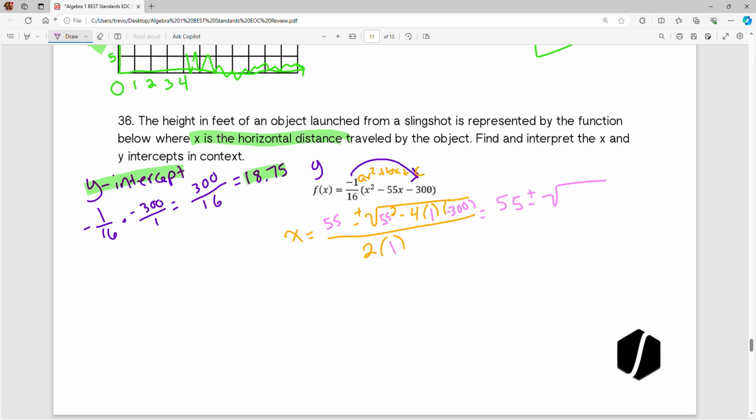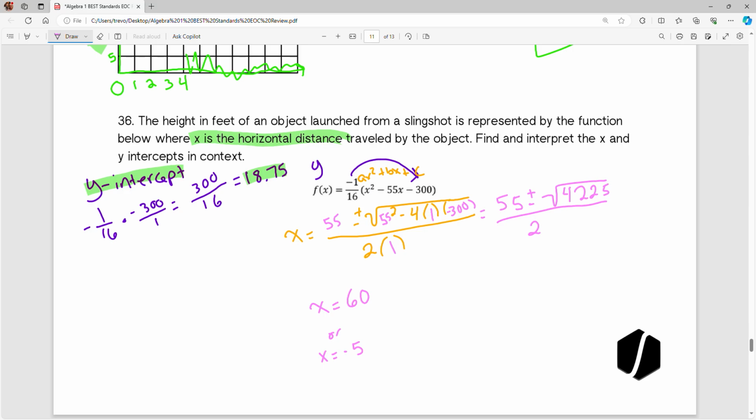And when I do that, I get 4,225 over 2 times 1 is 2. And now when I put this in, I get 55 plus this, and divide by 2, x equals 60, or x equals negative 5.